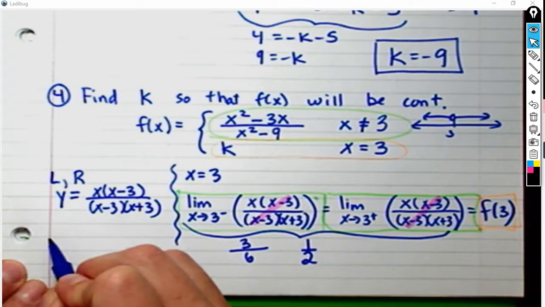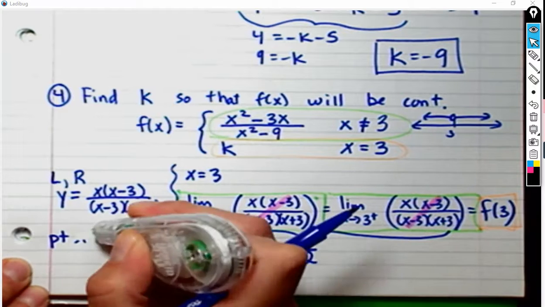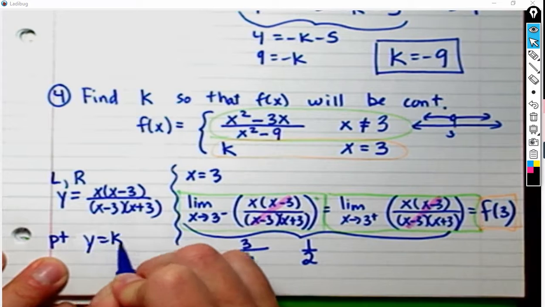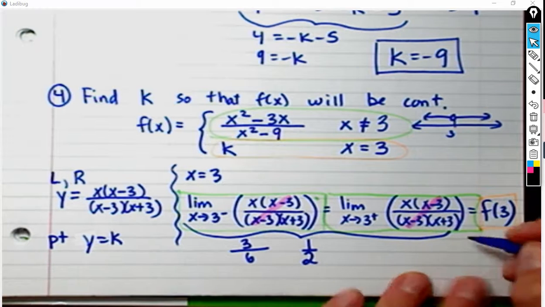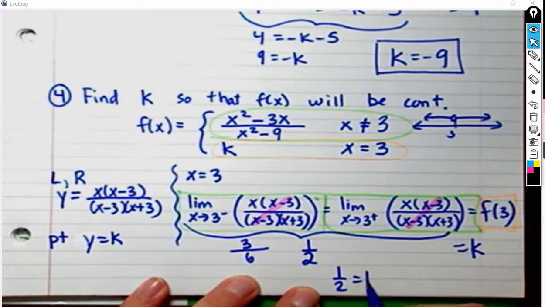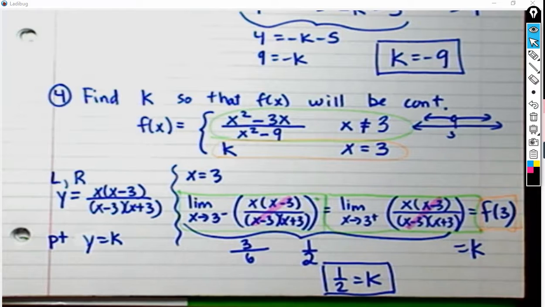Okay? The point is actually, the middle is this one right here, which means that the y value is k. So what is k supposed to equal? 1/2. Because that's what happened when I evaluated those limit statements.